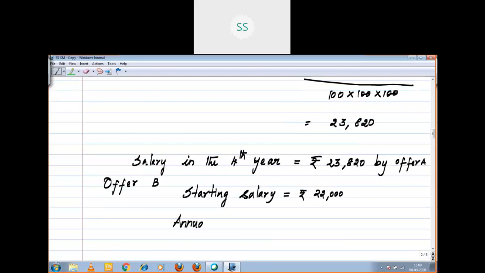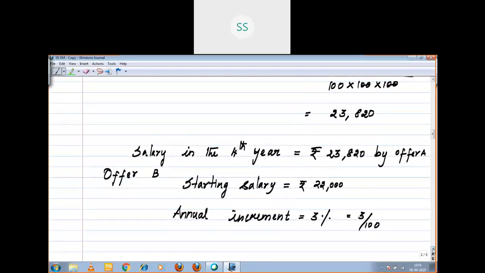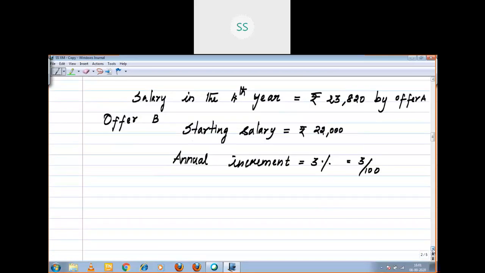The annual increment, that is 3%, 3 by 100. Then salary at the end of the first year.